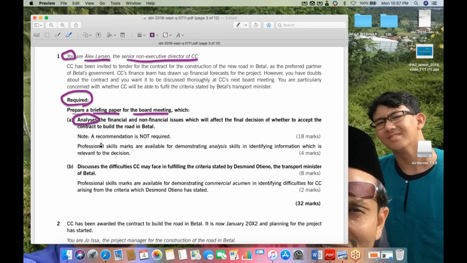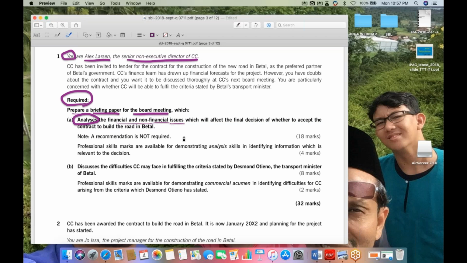Analyze. What is it that you're supposed to be analyzing? It will be financial and non-financial issues. What kind of financial and non-financial issues?